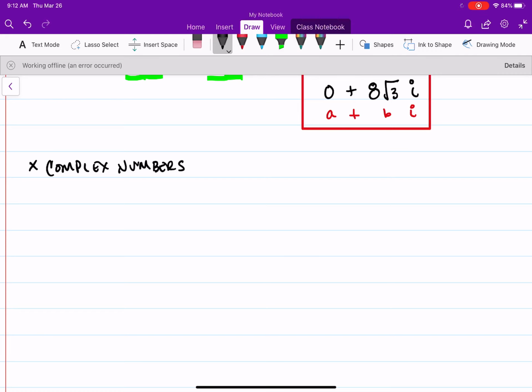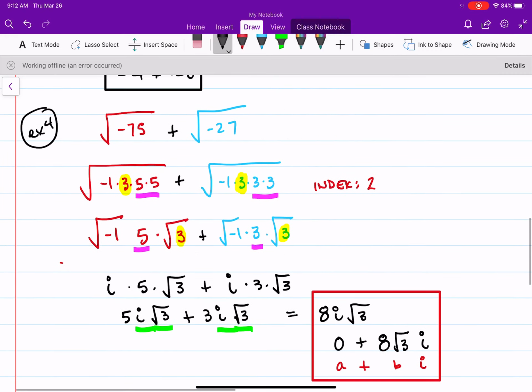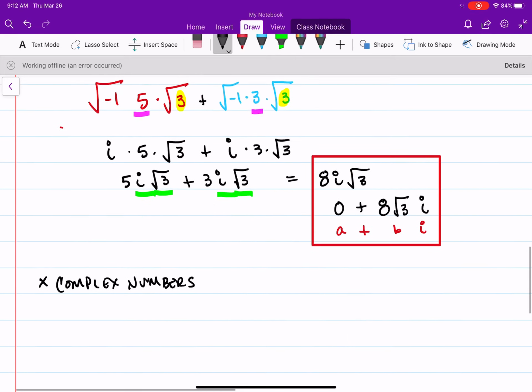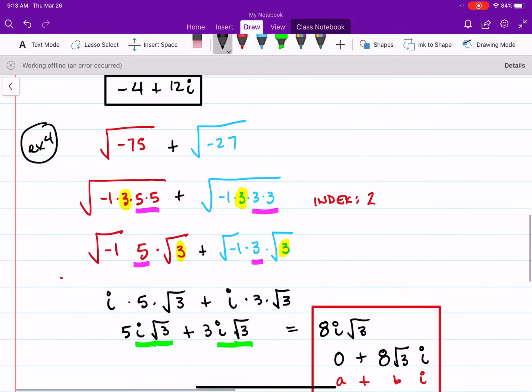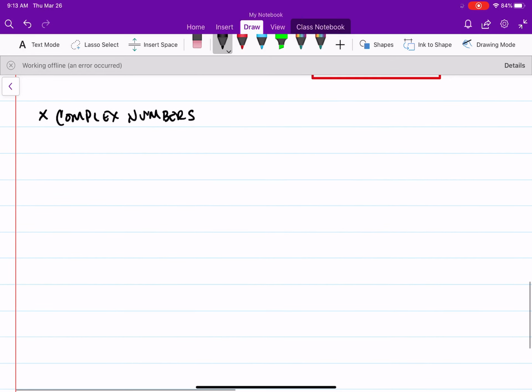So I want to take the same two square root negative numbers, and instead of adding them, I'm going to multiply them. So this is example 5. So I got the square root of negative 75 times the square root of negative 27.